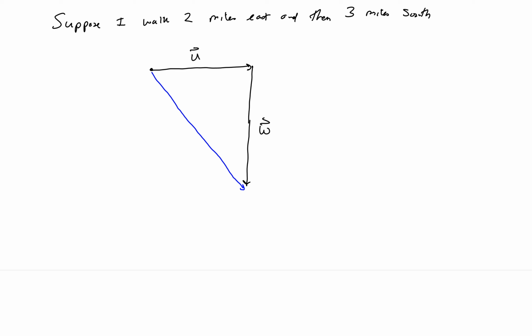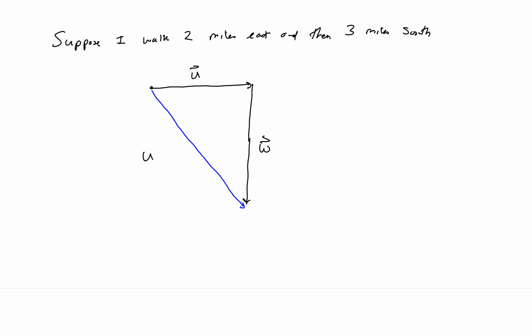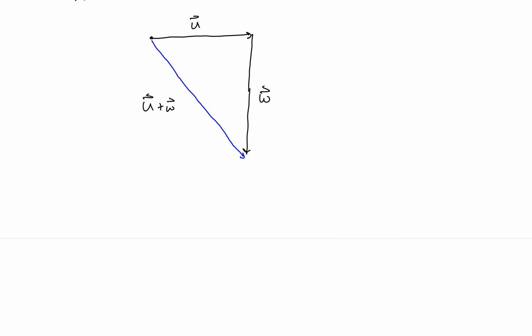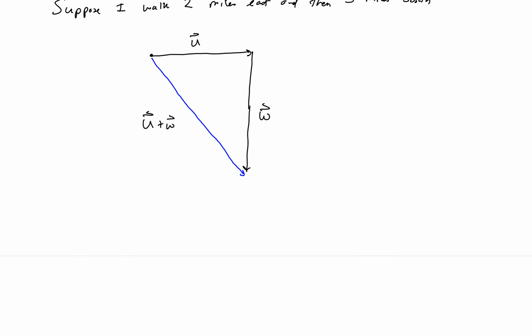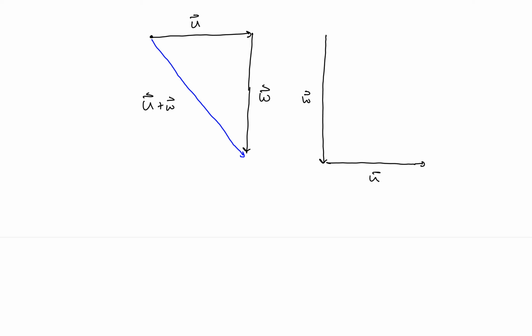This connection vector here, we're going to call u plus w. So we do u and then we do w. And we could also have done it the other way. If we would have walked south first with the w and then east with u, notice the vector I get when I add these two is the exact same vector.